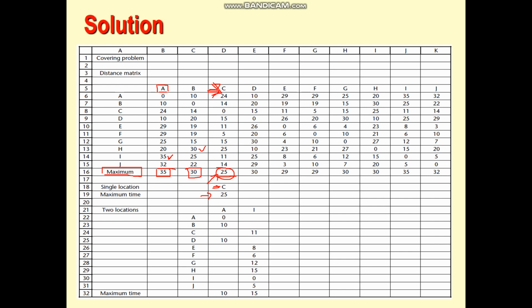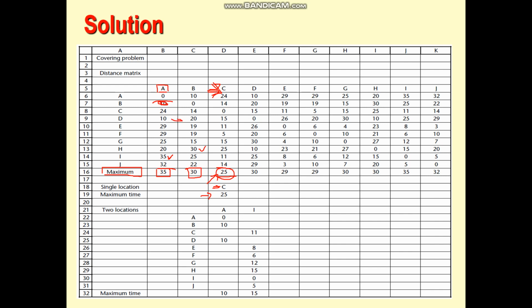So for A, if we locate in A, we can serve the customer in B because it's within 10 minutes. 24, no, because if we locate our facility in A, we cannot serve the customer in C within 15 minutes.